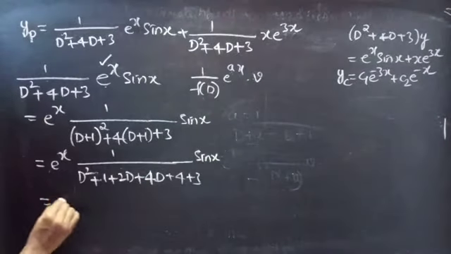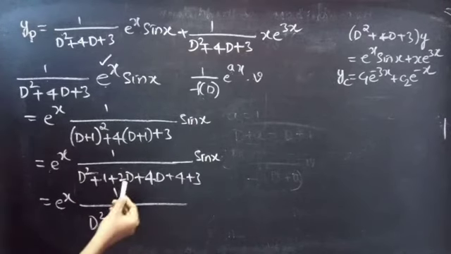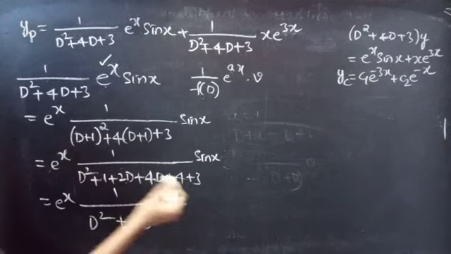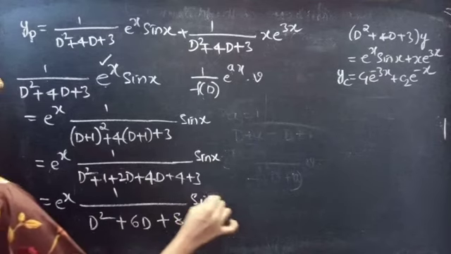Equal to e power x into 1 by D square, 2D plus 4D is 6D, 1 plus 4 is 5, 5 plus 3 is 8, into sin x.